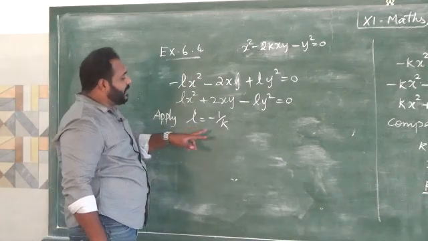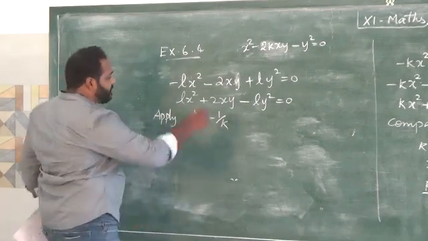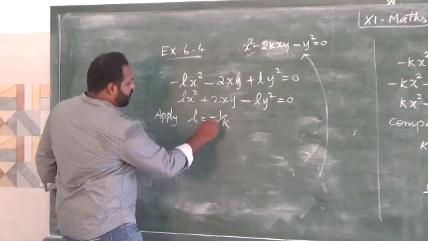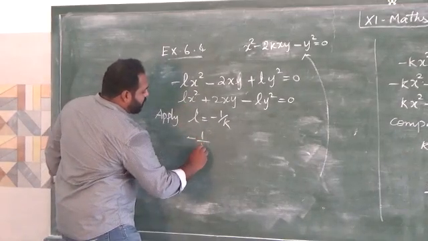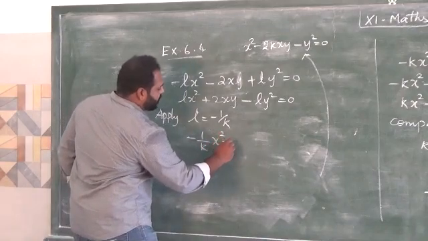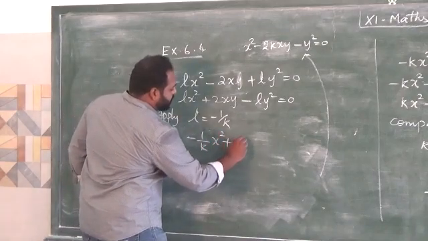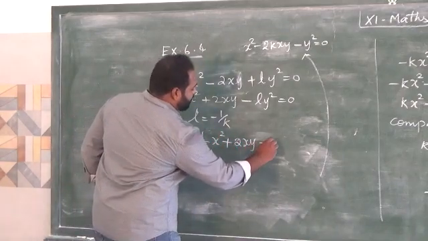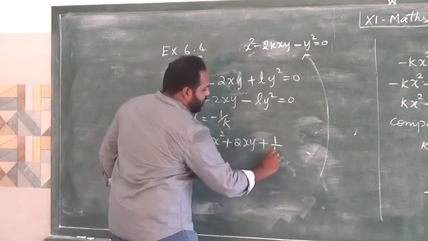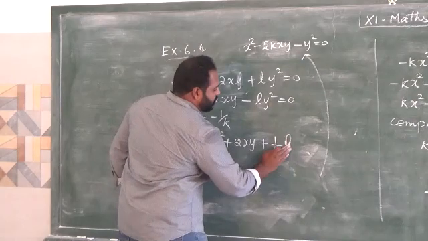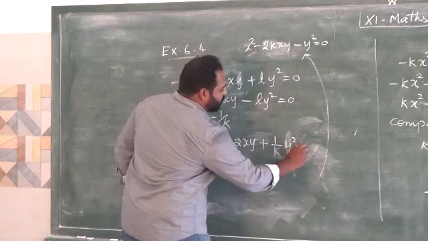So I am going to apply L is equal to minus 1 by k in this equation: minus 1 by k x square plus 2xy minus, here minus 1 by k, so it will be plus 1 by k, y square equal to 0.